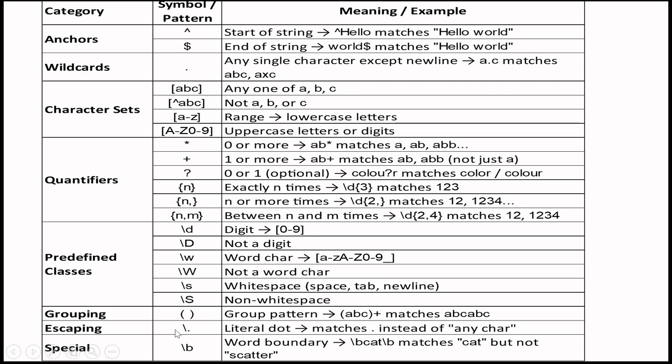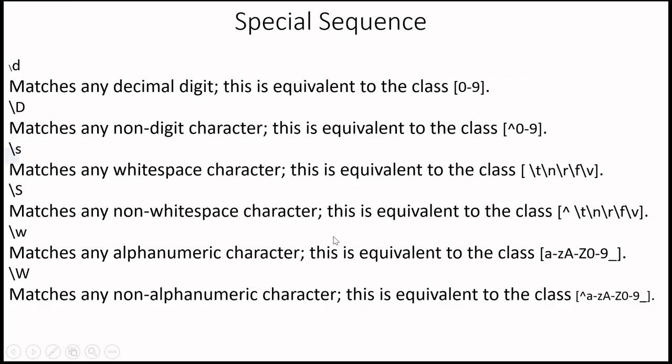We mention such things using a backslash, the escape character. And then backslash b refers to a boundary. So, as shown here, backslash b cat backslash b will look exactly for a cat, but not for a cat that is part of a word, say scatter. And these are the special sequences which have been listed out, what you saw in the previous slide.